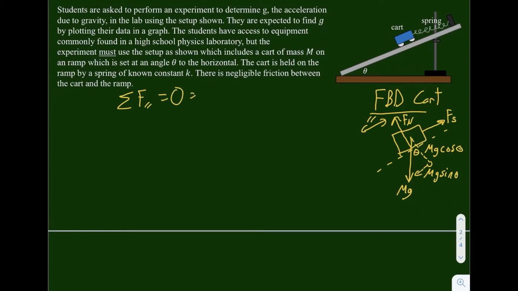And I'll take uphill as positive, so the spring force is uphill, it's positive. And then mg sine theta is downhill, so that's negative. And then spring force minus mg sine theta equals 0. So spring force equals mg sine theta, they cancel out. And the spring force here, Hooke's law says spring force is kx. So I have kx equals mg sine theta.